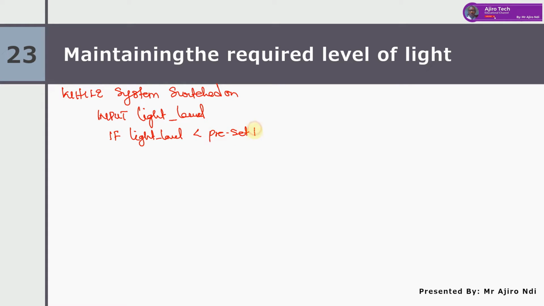We'll call this preset 1 since there are two presets. Then, this is going to be a nested if: if light level is less than Preset 2.